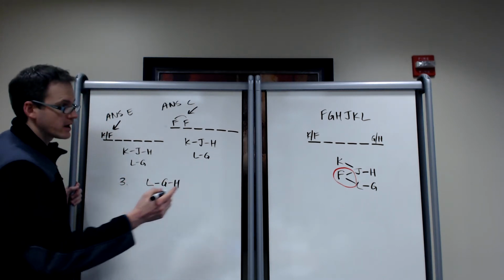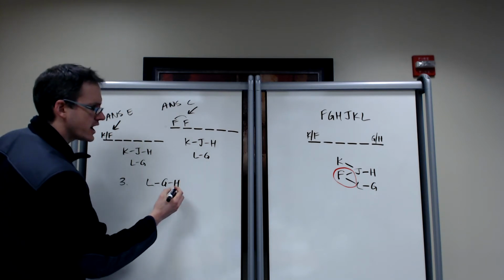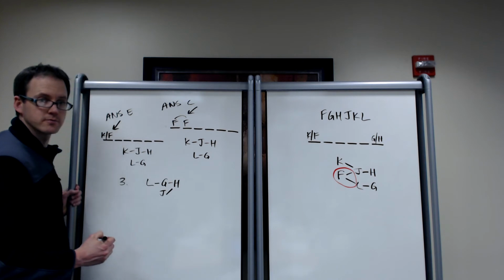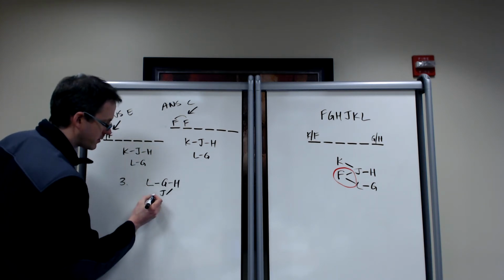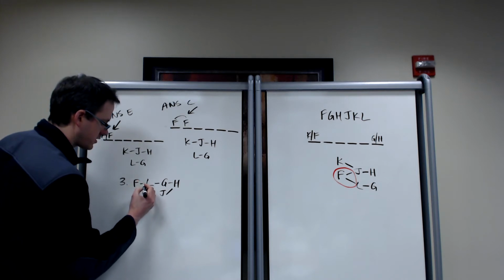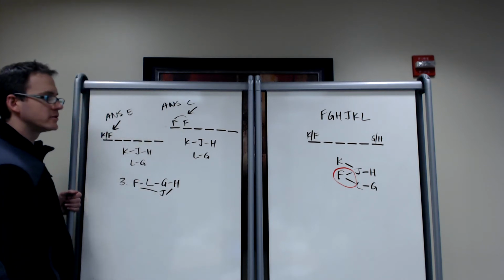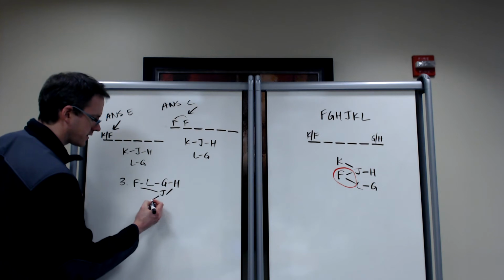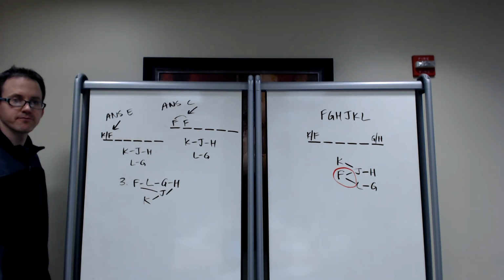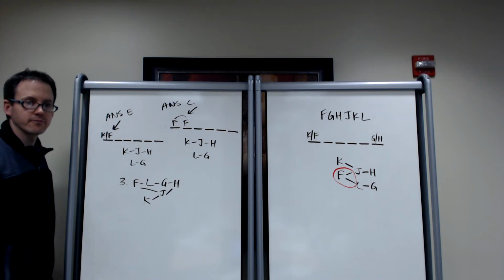And we know that J has to come before H, so I just add that in. And we know F has to come before J and L, so I would just add that in. F, J, L. And then we have this K coming before J. So that's our new chain. Kind of a triangle chain.